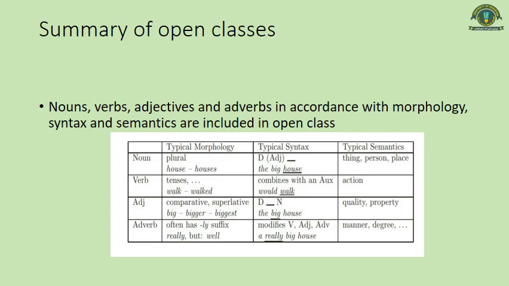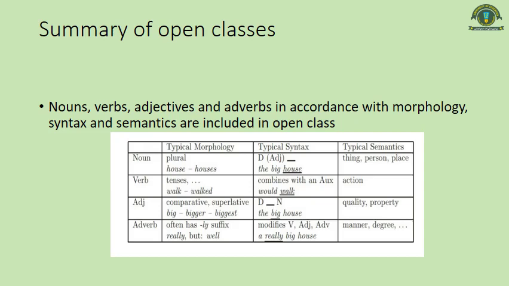So if I just describe the summary of open classes, I can say that nouns, verbs, adjectives and adverbs, in accordance with morphology, syntax and semantics, are included in open class. You can examine in the table that noun, verb, adjective and adverbs are there.